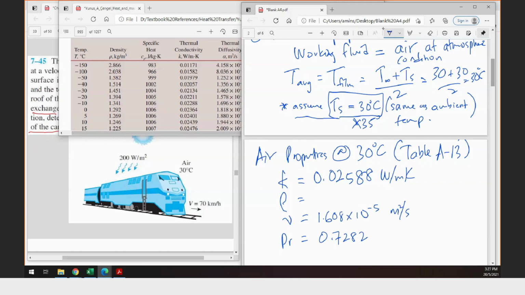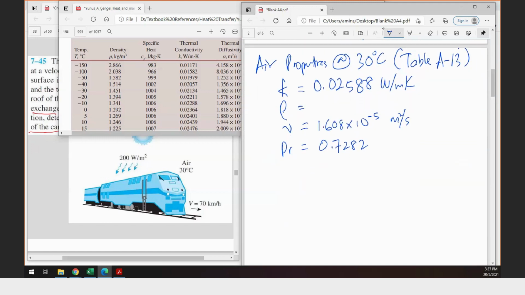The next one: once you get the properties, you can calculate the Reynolds number. So Reynolds number equals what? V times L divided by kinematic viscosity. So what is the velocity?